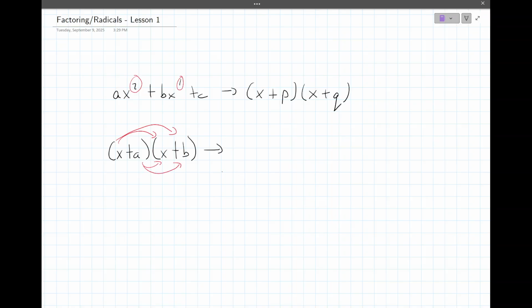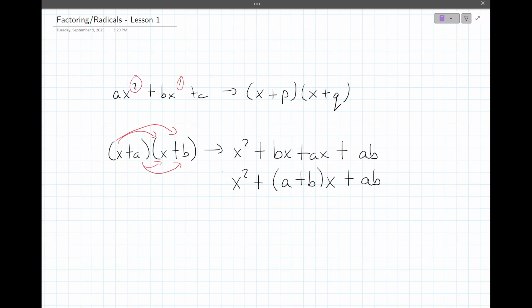I'm not going to skip a step. So this is going to be x squared plus bx, plus ax, the order is not really going to matter, plus ab. So if I have those two factors, I'm going to get x squared plus (a plus b) x, where I took out a GCF of x, plus ab.